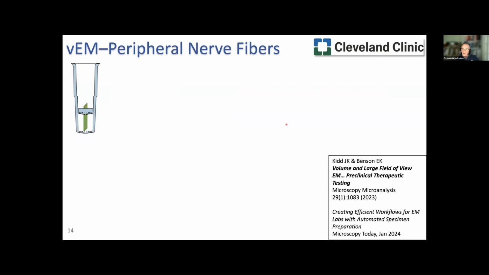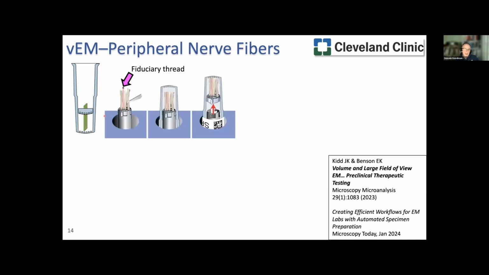A particularly clever MacGyver-ish application was developed by Emily Benson. She used this orientation method that I've shown, and in this particular case, 3 nerve fibers were pinched in the mPrep screen.